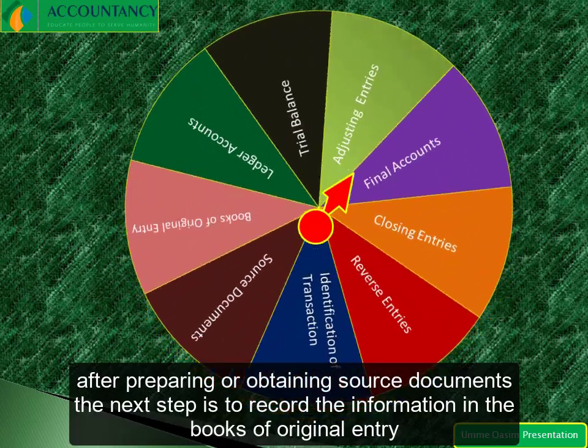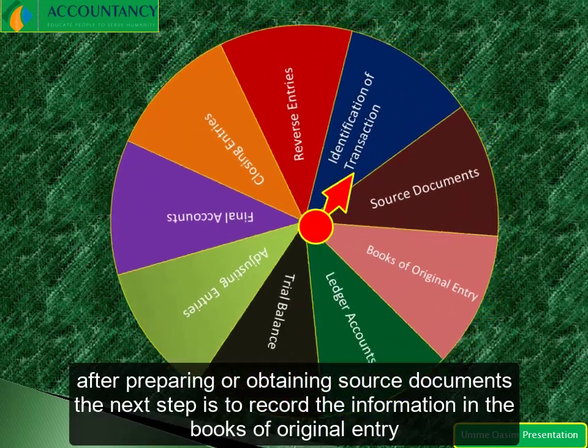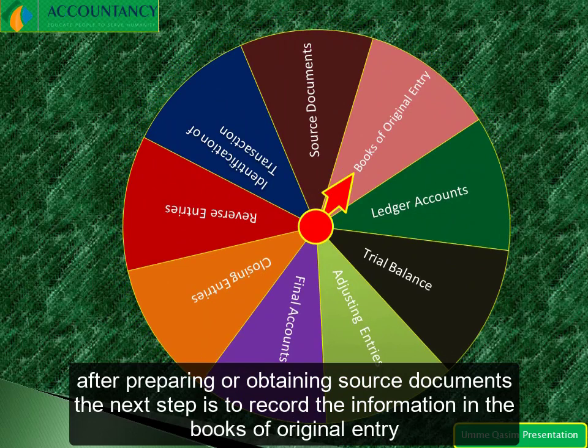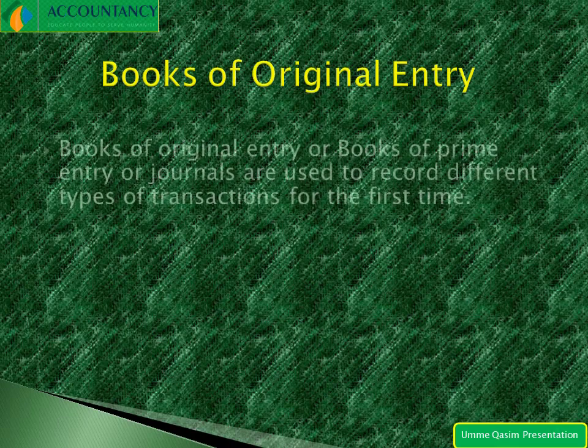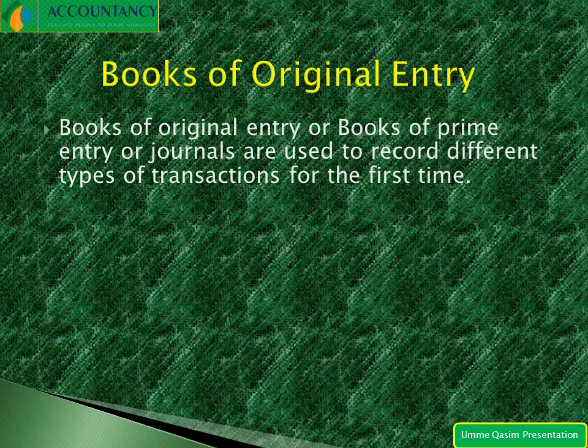After preparing or obtaining source documents, the next step is to record the information in the books of original entry. Books of original entry. Books of original entry or books of prime entry or journals are used to record different types of transactions for the first time.